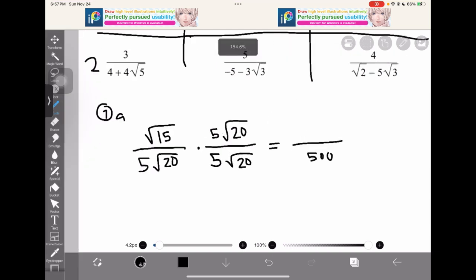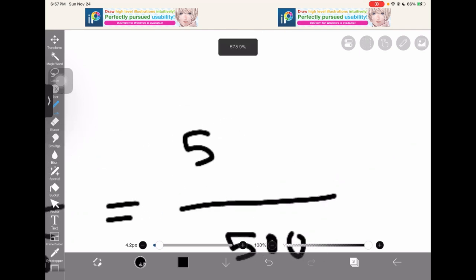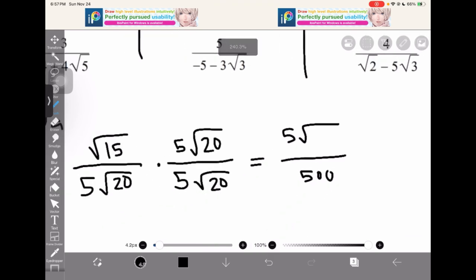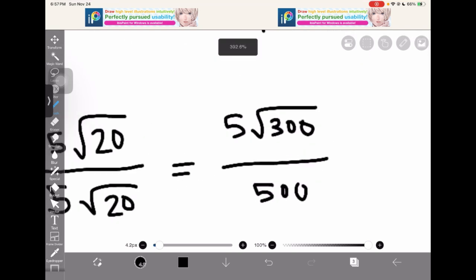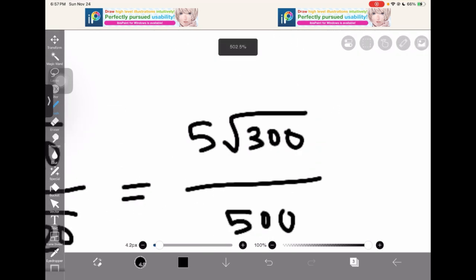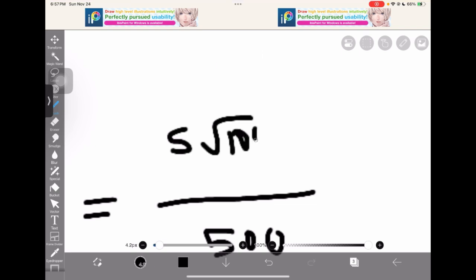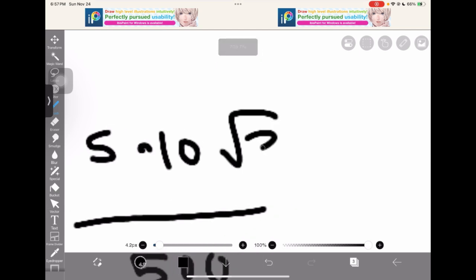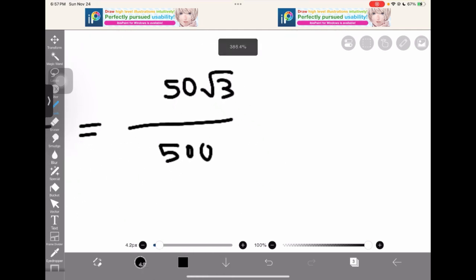So it's 500 over 5 square root of 300. Or we can simplify this further by doing 5 square root of 100 square root of 3, or just 5 times 10 square root of 3, which is just 50 square root of 3, but we can simplify it further.